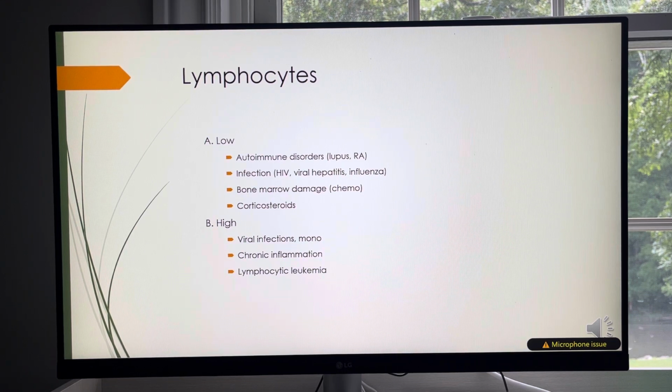Order a CBC with diff. Lymphocytes are elevated, you're probably dealing with a viral infection. Neutrophils are elevated, you're probably dealing with bacterial. Now that doesn't mean you have to order this on every single patient with an infection, but it's just a nice tool to have if the etiology is unclear.